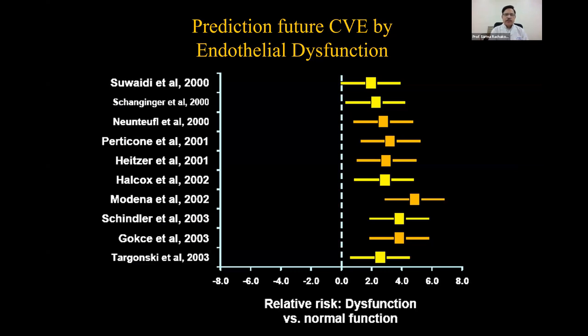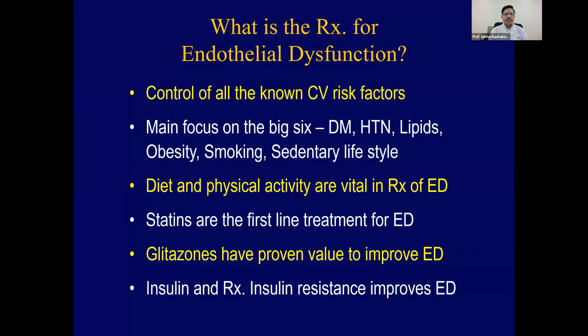Increasing relative risk with endothelial dysfunction. Every study has shown that increasing endothelial dysfunction increases the risk of cardiovascular events. Some studies have even said 6 times or 5 times, something like that. No study has reported that endothelial dysfunction is not a factor. Endothelial dysfunction is a very important factor for cardiovascular events.